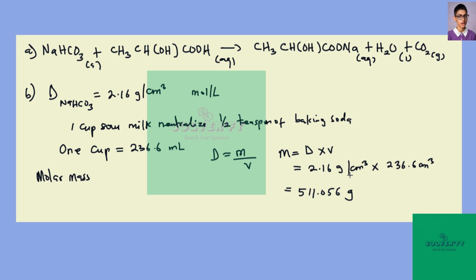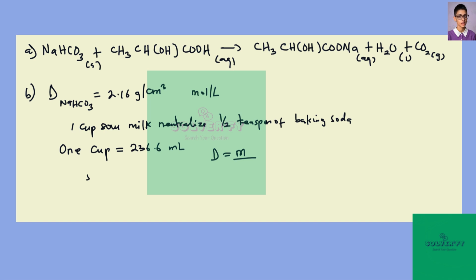This is the density of the baking soda, so that doesn't apply here. You cannot use that. So we're told 1 cup is 236.6 milliliters, and that is equal to 48 teaspoons.